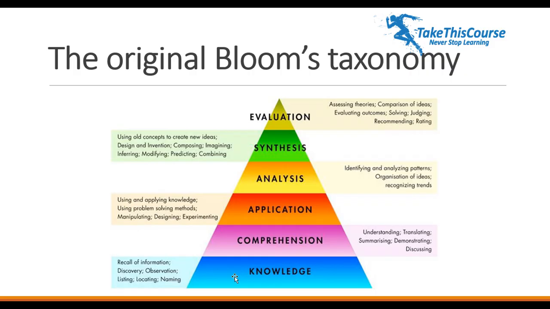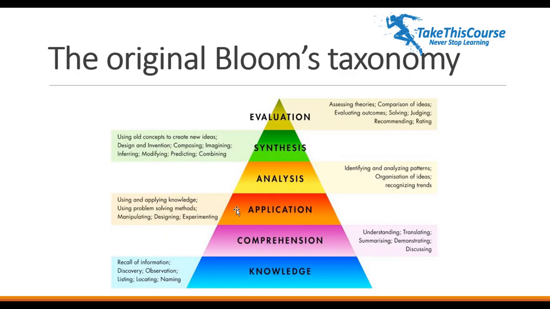Then the second level you see is comprehension. It was a little bit above knowledge, and it's about understanding, translating, summarizing, and discussing things. Then the third level of the original Bloom's taxonomy is application. After understanding and demonstrating the knowledge, it moves toward using and applying that knowledge.